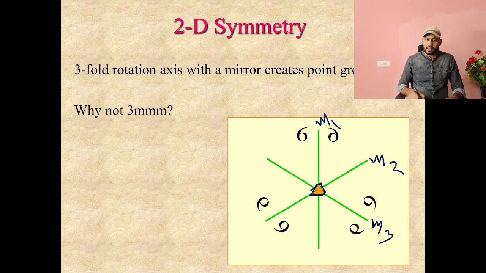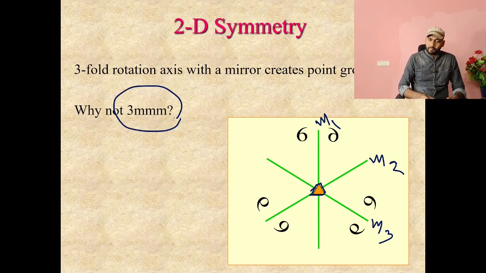So what will be the name of the point group? Is it 3mmm? Can we use 3 triple m? No. We will use 3m. In the trigonal system, you must have seen if you have studied. If you have not studied, then we will study later.